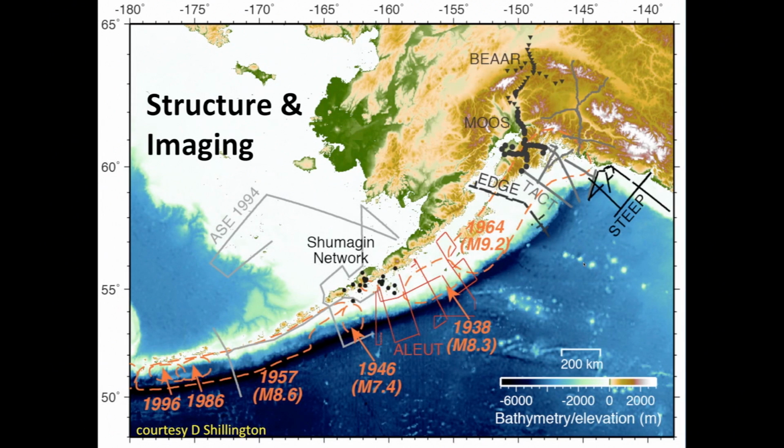This is showing a collection of most of the imaging, mostly active source imaging. A lot of this is marine that's gone on in the last few decades. Prior to 1990, the main operation is this thing called TACT, the Trans-Alaska Crustal Transect. It was following the pipeline route and actually went all the way up to the Arctic coast.